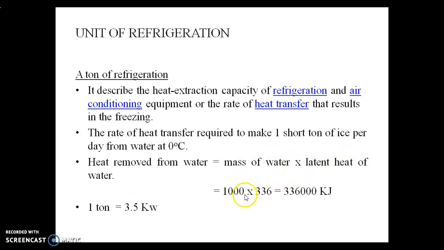Mass of water is 1000 kg, latent heat of the water is 336 kilojoule per kilogram. Totally, 336,000 kilojoules of heat must be removed from the water to transform it into the solid phase in 24 hours. We divide this value by 24 hours and we get 1 ton equal to 3.5 kilowatt.